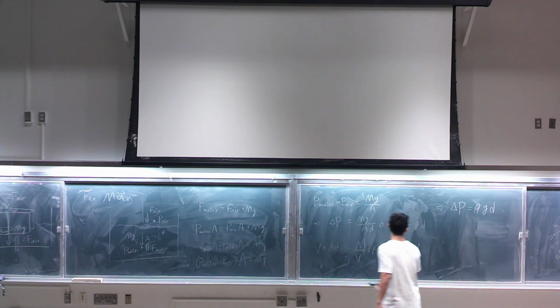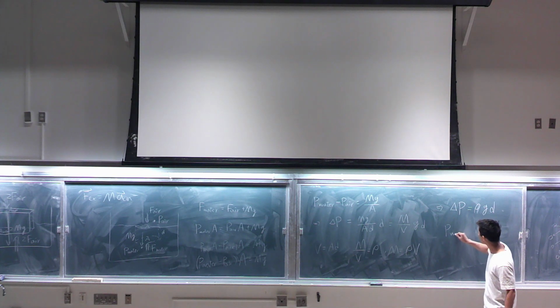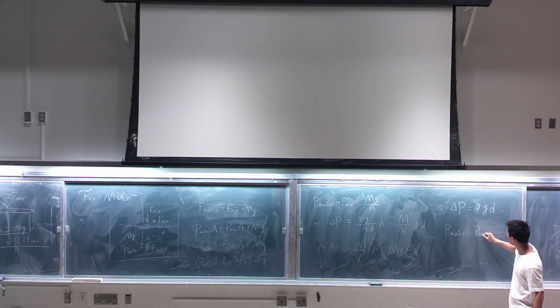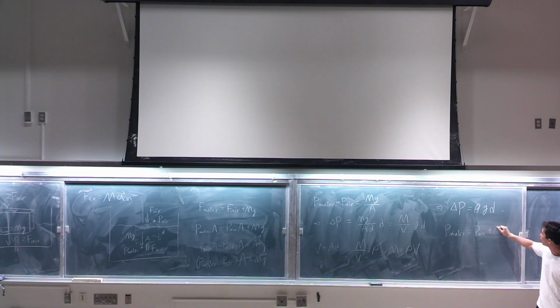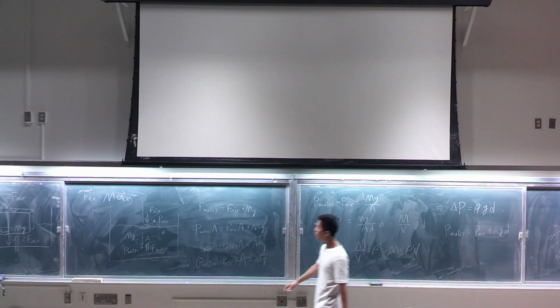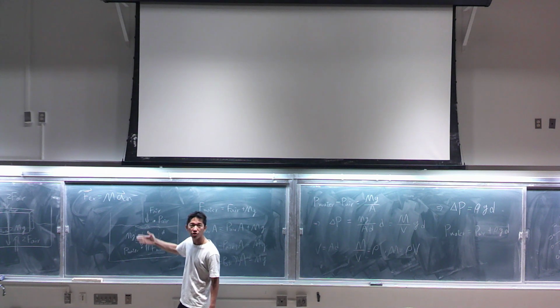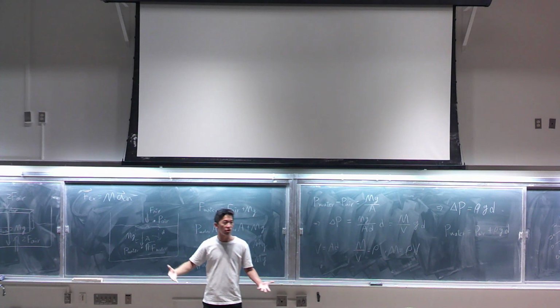You're just going to write the pressure of the water will be bigger than the pressure of the air by rho g d. Okay? So the way you use this equation is to find out the depth between 2 points, and the pressure difference between these 2 points is going to be rho g d.